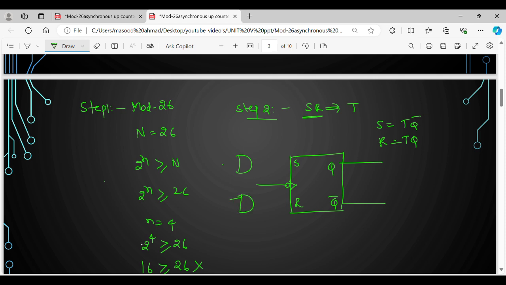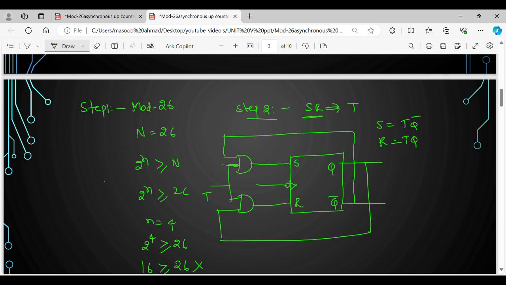For both AND gates, the common input is T. One input is Q, which you get from Q. The output of one AND gate is S, and the output of the other AND gate is R. The other input of that AND gate comes from Q bar.